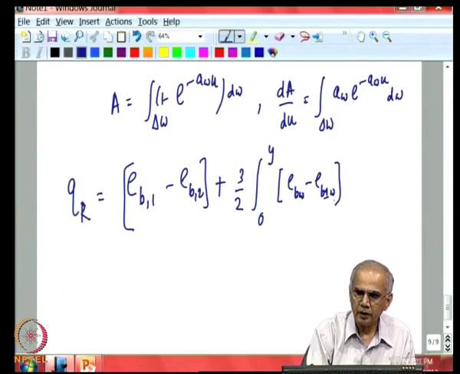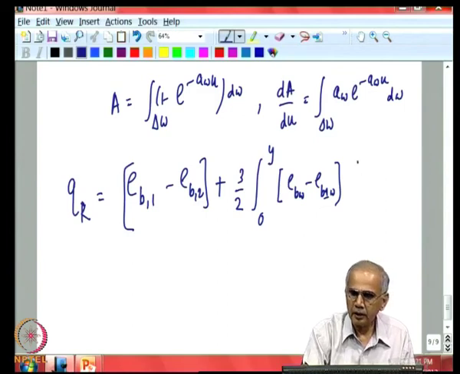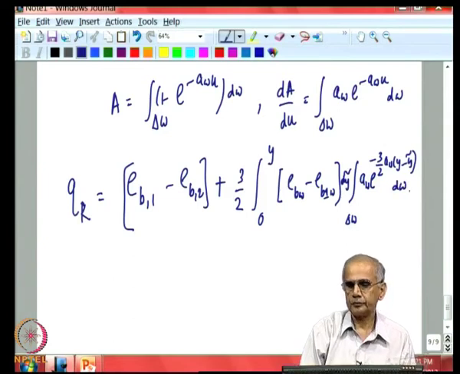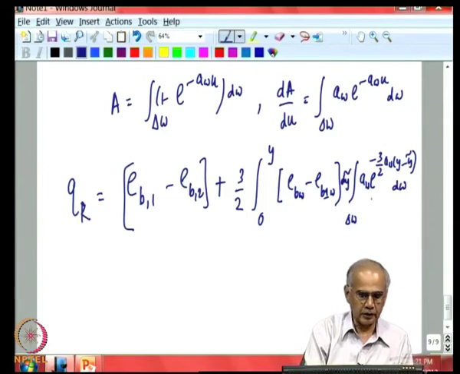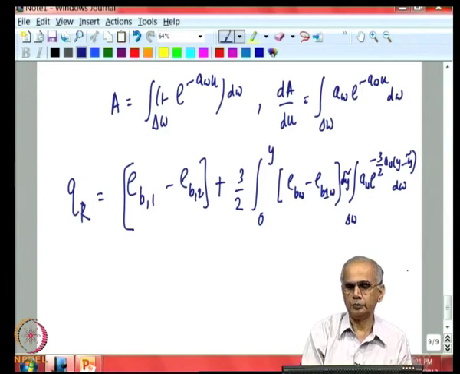This represents gas radiation and radiation of the wall, and then integral over the wave number A omega e to the power of minus 3 by 2 A omega into (y minus y tilde). The dy tilde can come out here and d omega can be there. So, this quantity should be recognized as nothing but dA/du or dA/dy in this case.